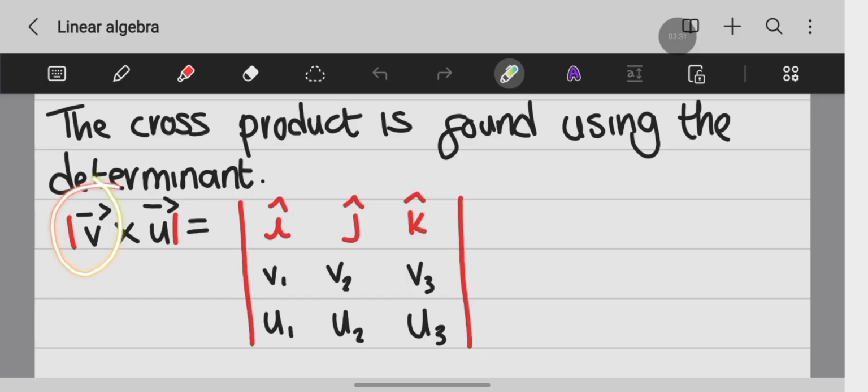So what you start with, in this case, it's v. So v is going to be in the second row, and u will be in the third row. Right? So if we started with u, u would be in the first row and v would be in the second row. Sorry, in the third row or whatever. But I think you do get what I'm saying. So order does matter. If they say v times u, you can now just switch to u times v, or finding the determinant in, vice versa.